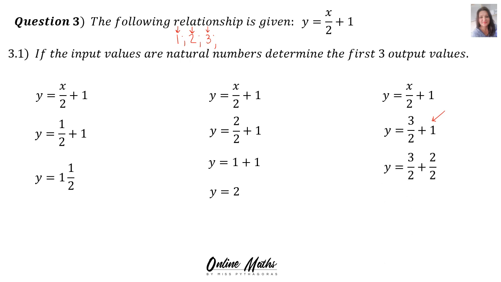And 1 is the same as 2 over 2. So what did we do? We made the denominators the same. And now we will add the numerators, the numbers on top. So we will say 3 plus 2 is 5 divided by 2. And then we can write that as a mixed number. And the answer is 2.5.